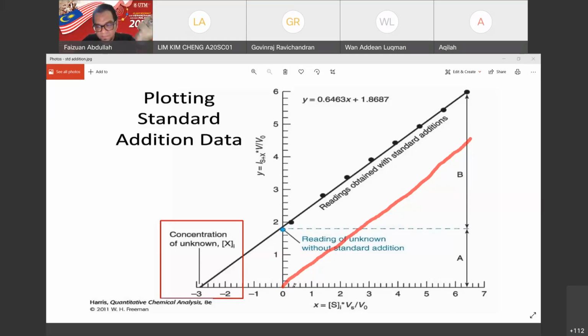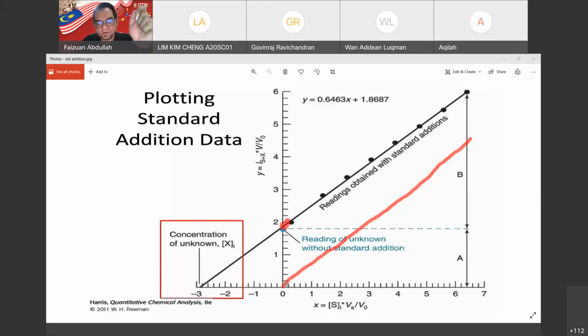For example, in the blank, X plus 0.00, we don't put any standard solution for zinc inside it. We just prepare X, 20 ml of sample, and mark up with deionized or distilled water, and it will detect some absorbance from the 20 ml of the sample.